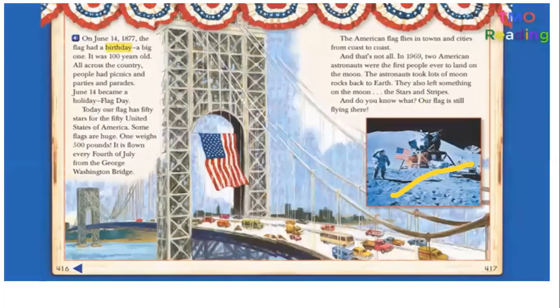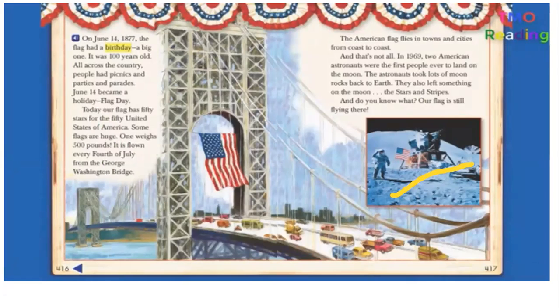June 14, 1877, the flag had a birthday, a big one. It was 100 years old. All across the country, people had picnics and parties and parades. June 14th became a holiday, Flag Day.